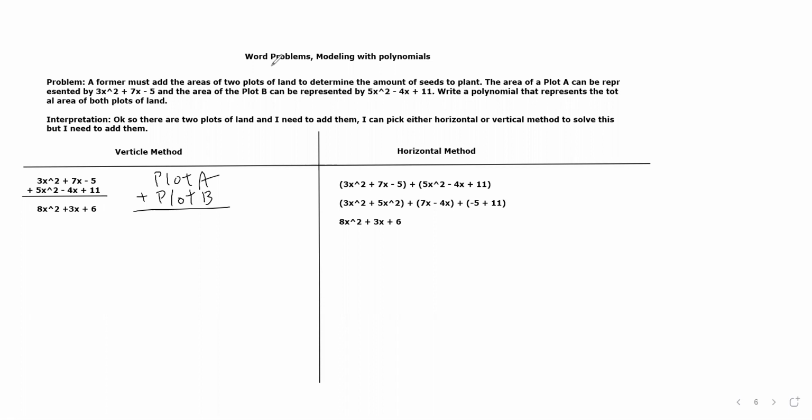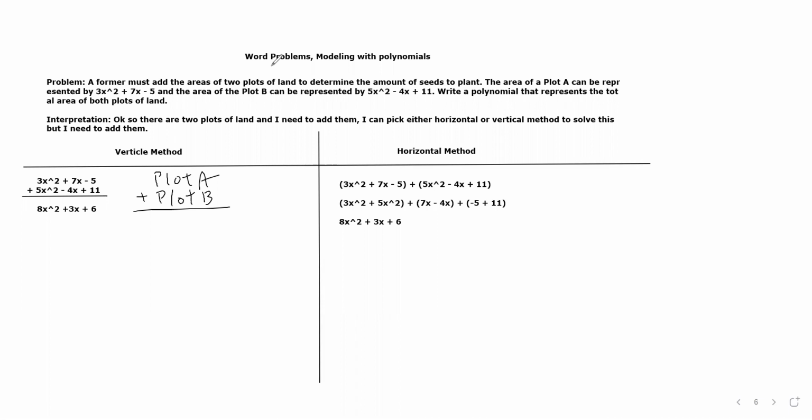And in this case, I was lucky, right, because these polynomials all added up. They each have their own counterpart, which means that I have a 3x squared, and the other polynomial also has a square. It has a 5x squared, so I'm able to put that underneath the other one.